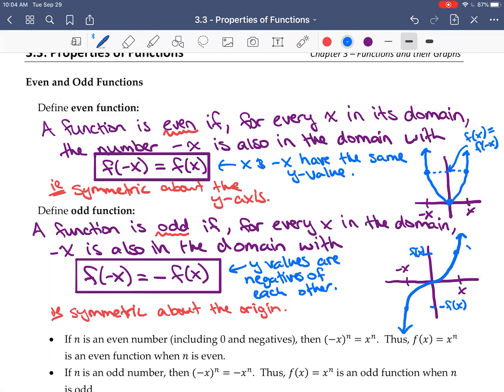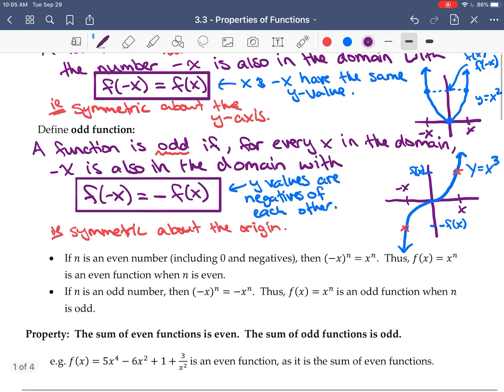So this example is y equals x cubed. The previous example was x squared. So you get these points: x and y gives a point at negative x, negative y. That's the same as what we did before, it just looks a little bit different.